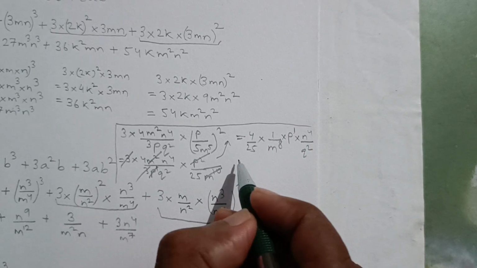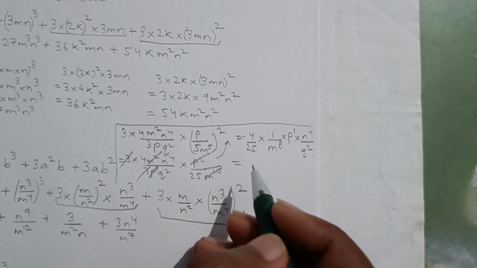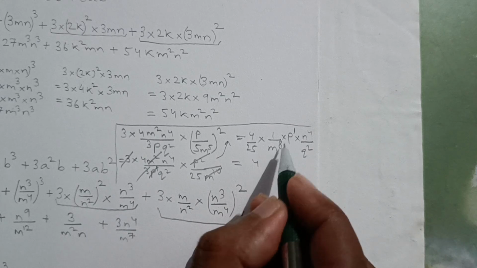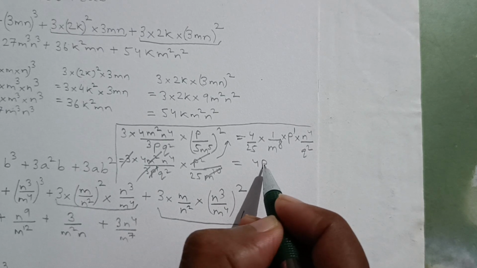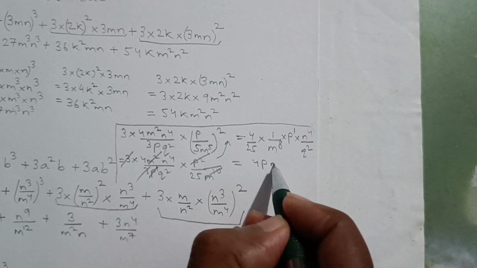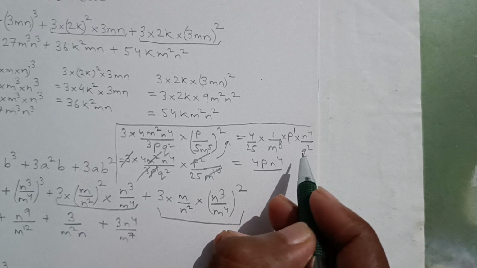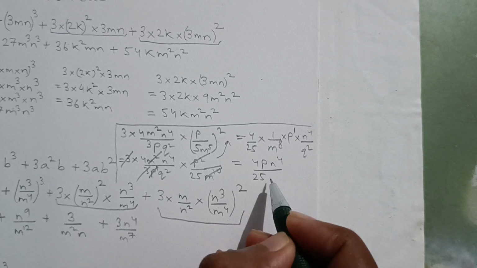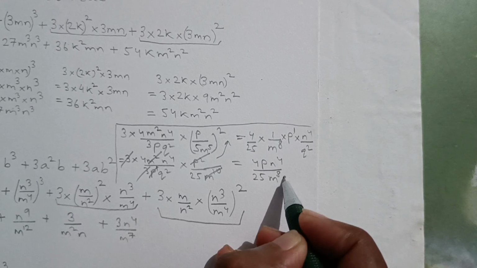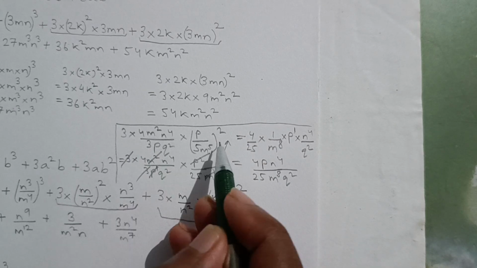And let us solve this. So the numerator will be 4 into 1 is 4. So 4 p to the power 1 I can write it as p. P to the power 1 is p. And then n to the power 4. So 4p n to the power 4 upon the denominator will be 25 m to the power 8 q square. So this is the answer for this expression. So I will write it down.